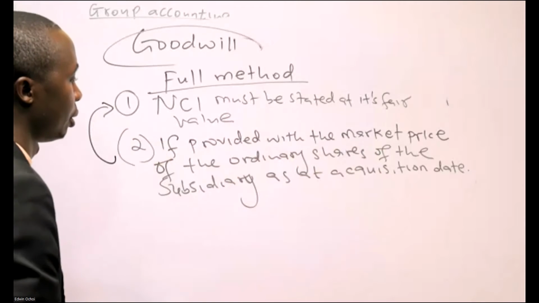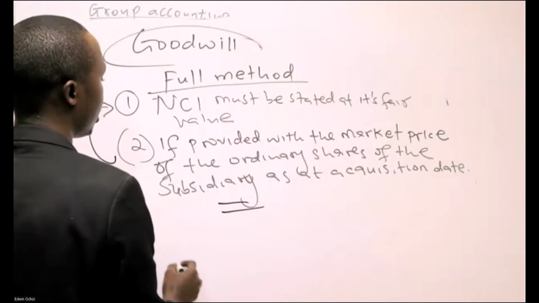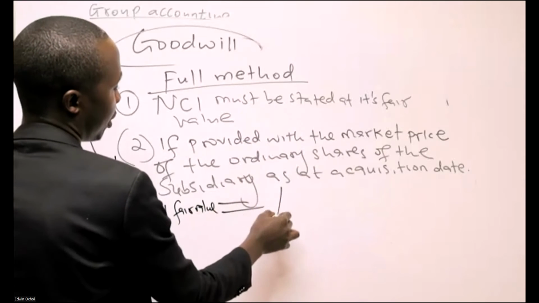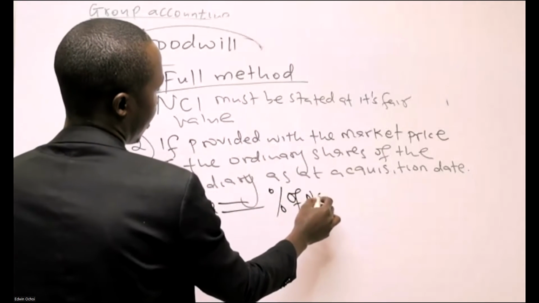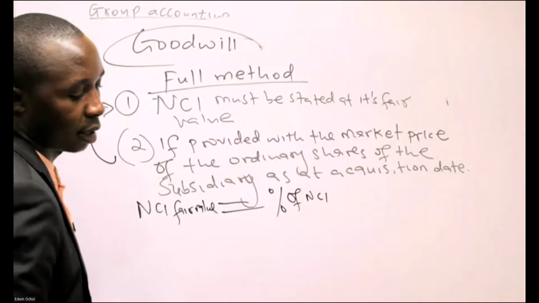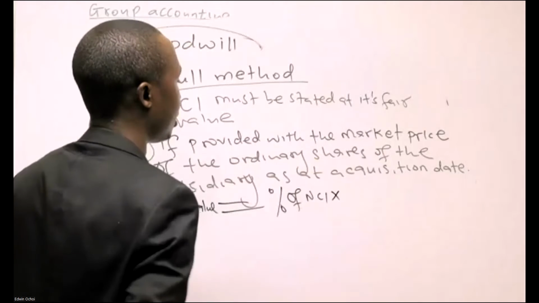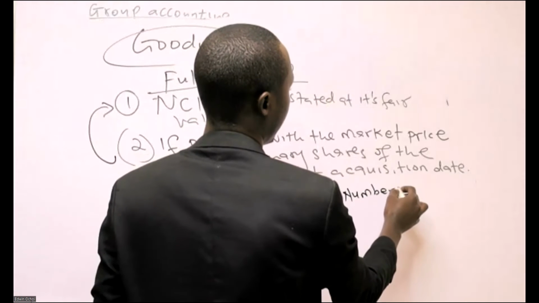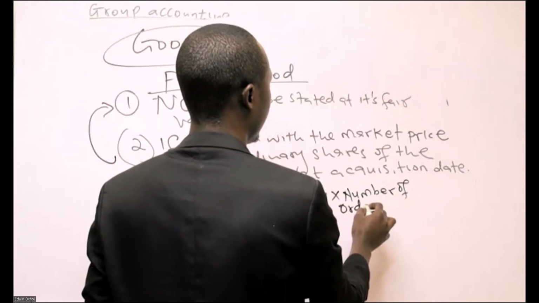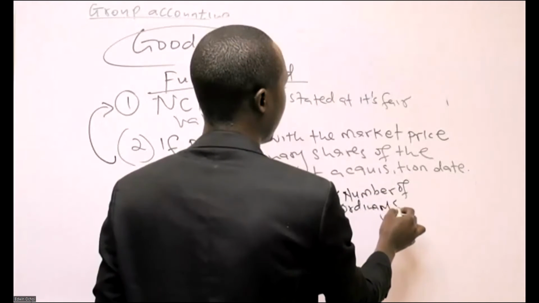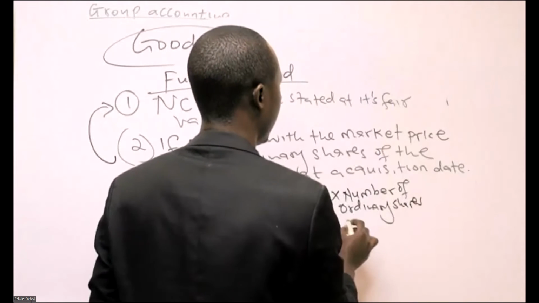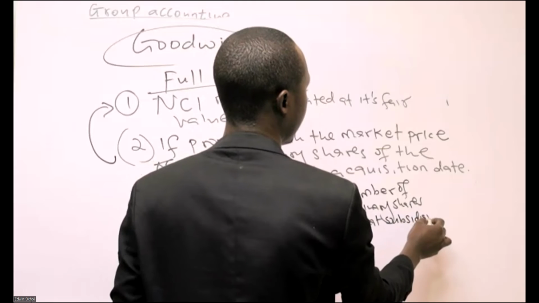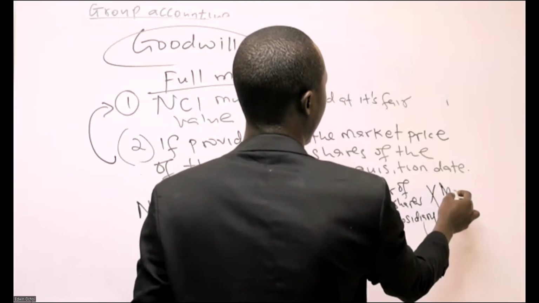How will you go about it? This is how you get the NCI fair value. You take the percentage of the NCI, multiply it with the number of ordinary shares in that subsidiary, times the market price.